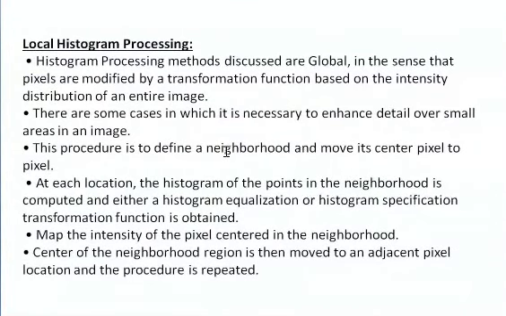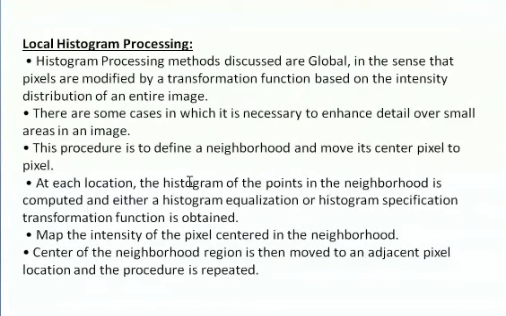This operation is not like a point operation; it belongs to the neighborhood operation. So global histogram processing is related to point operation, and local histogram processing is related to the spatial or neighborhood operation. Remember this point.